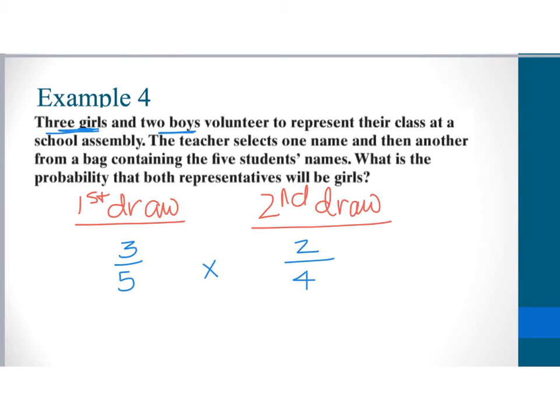So now, to find my probability of both of these students being girls, I'm going to multiply them. And we end up with 3 times 2, which is 6. 5 times 4 is 20. And if I reduce this fraction, we end up with 3/10. So the probability of selecting 2 girls out of the 5 students would be 30%, or 3/10.